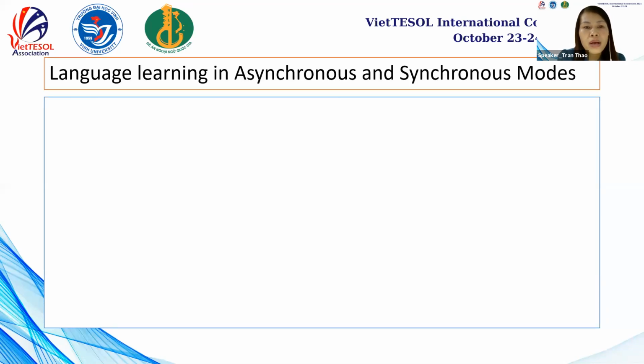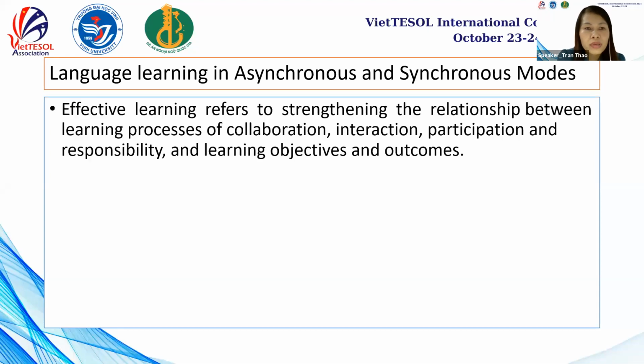I would also like to introduce the language learning in both modes. Effective learning refers to strengthening the relationship between learning processes of collaboration, interaction, participation, and responsibility, and learning objectives and outcomes.